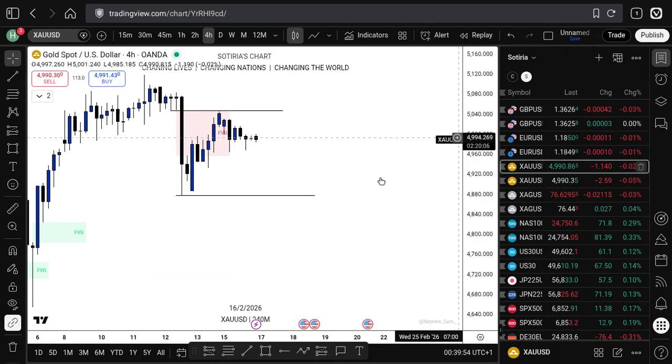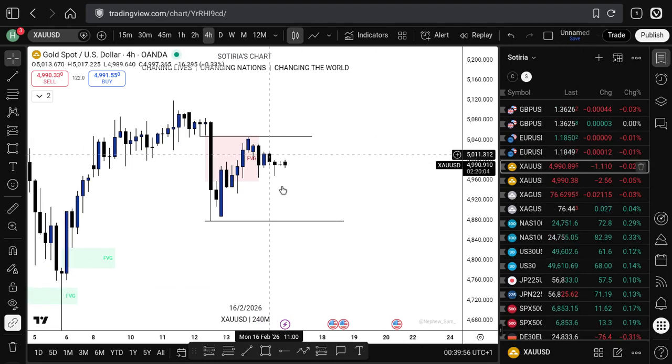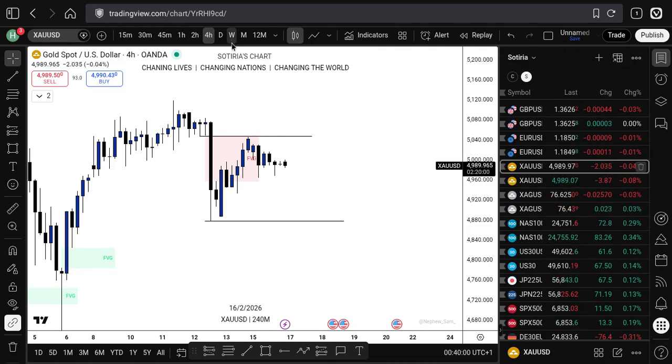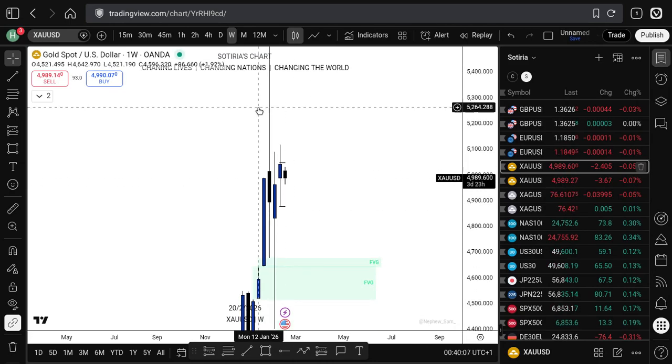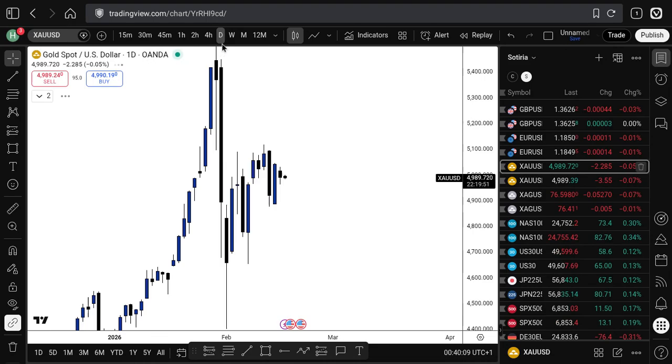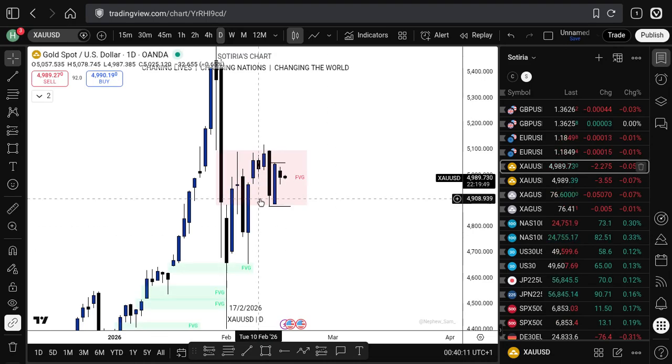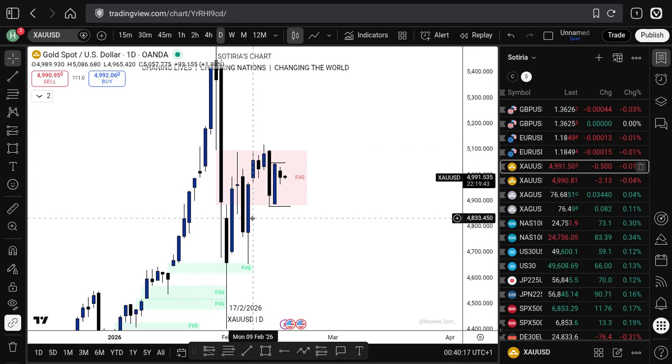So right now I'm expecting a sell down to this level before we can continue any buy, because if we look at the weekly time frame, we can see a nice bullish close from the previous week, and then we have this structure right here, this range in the daily time frame which we are trying to buy from, and then price dropped on the 4 hour time frame from a range.